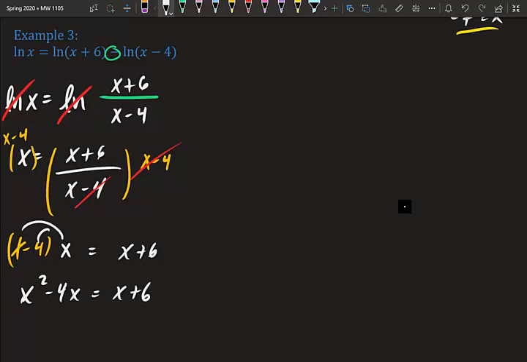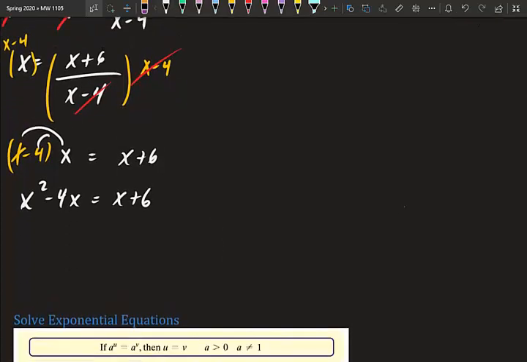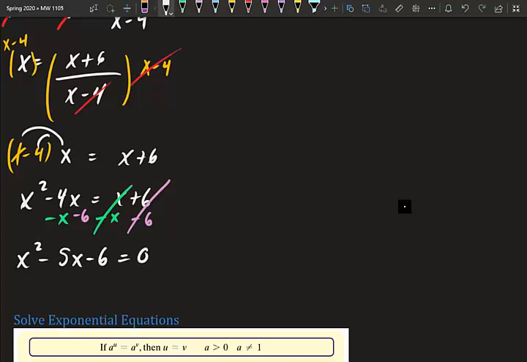We have another quadratic. So since we have another quadratic, we need to make this equal to 0. So we're going to subtract x to both sides. And then we're also going to subtract 6 to both sides. So we're left with x squared minus 5x minus 6 equals 0. We can go ahead and factor this into x minus 6 and x plus 1 equals 0.